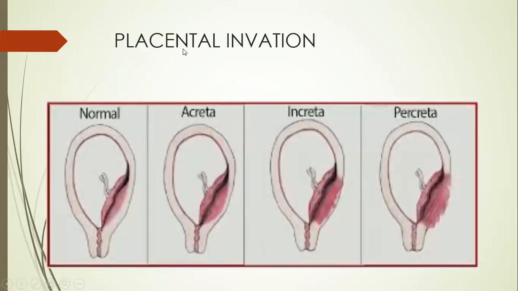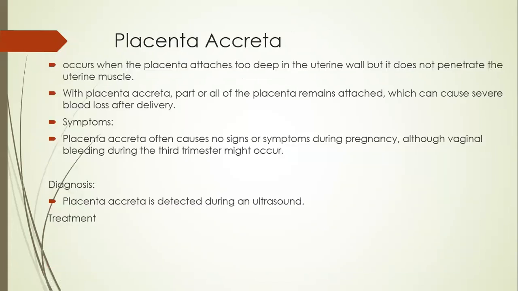In placenta accreta, even though it is going deep into the uterine wall, it is not penetrating the uterine muscles. With placenta accreta, part or all of the placenta remains attached, which can cause severe blood loss after delivery. Why? Because we have to remove the placenta.